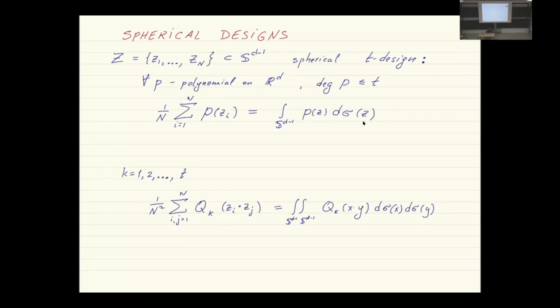Equivalently, this property can be stated as follows, because all polynomials can be represented through spherical harmonics, so you can just restrict to the Gegenbauer polynomials.